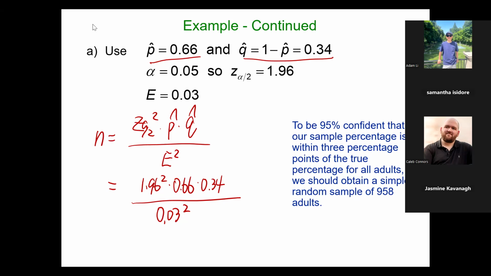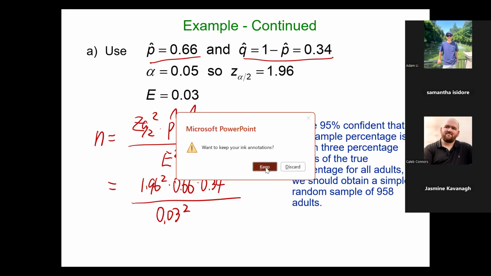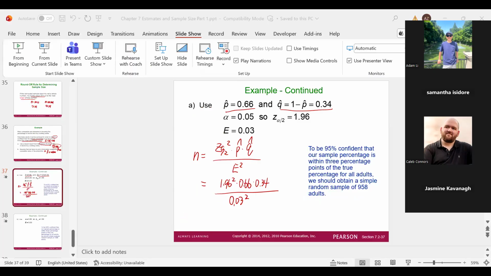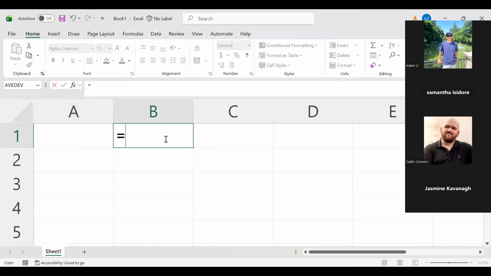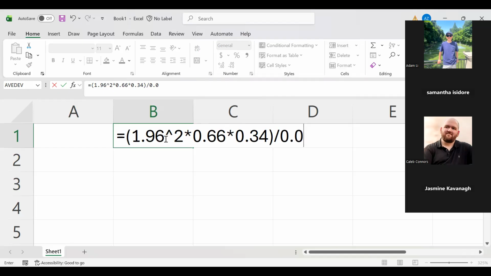Maybe I can just show you in Excel. So it's 1.96 squared times 0.66 times 0.34 over 0.03 squared.